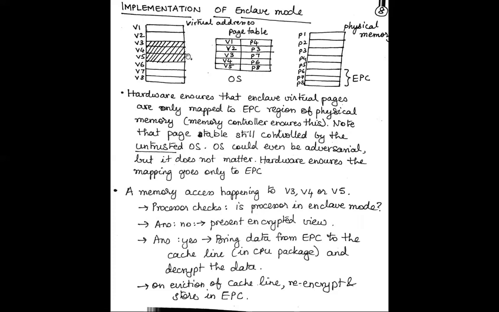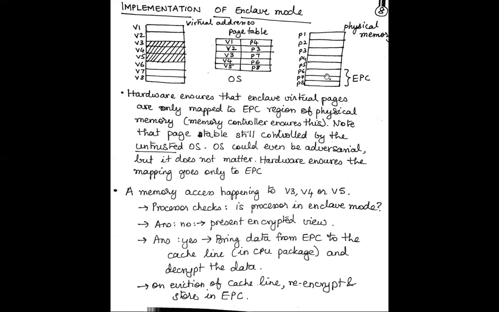As I told you, the hardware ensures that enclave virtual memory pages are always backed in a particular region of physical memory called the EPC. So let's draw physical memory over here. I've just drawn a very simple picture where the number of page frames in physical memory is equal to the number of page frames in the virtual address space of this process. You obviously know that that's not the case in real machines.